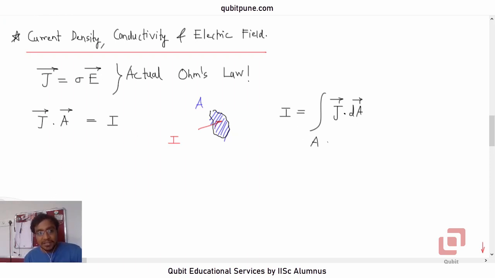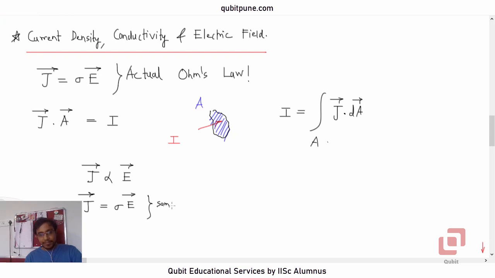So what is the relationship? We can derive it. We won't do it right now. The relationship is that the current density J bar is found to be proportional to electric field. Remember, these are vector quantities. So the direction of current density is in the direction of electric field. Always remember that.